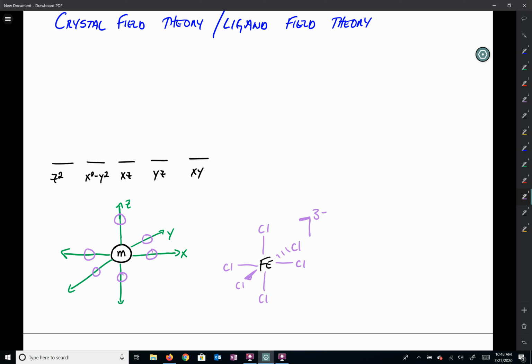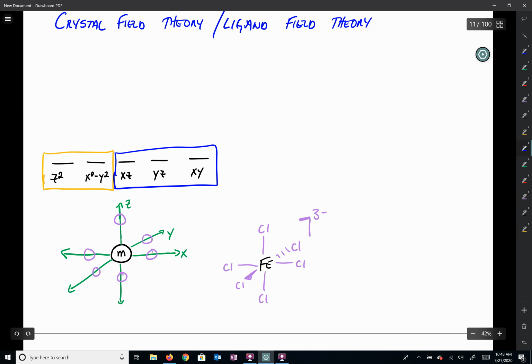Now, the reason they lie on axis is because that's where they're going to be able to make the most of our interactions, right? They're going to be able to interact with the x squared minus y squared and the z squared orbitals, okay? These set of orbitals right here lie on axis, and these set of orbitals here lie off axis, okay?